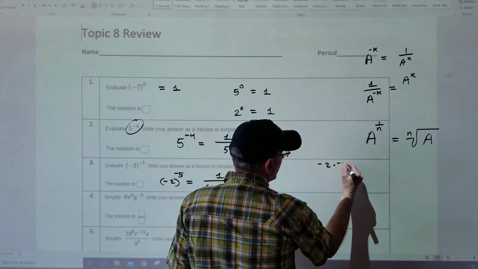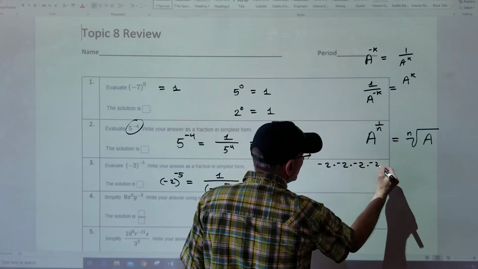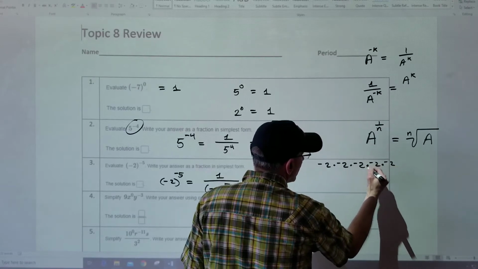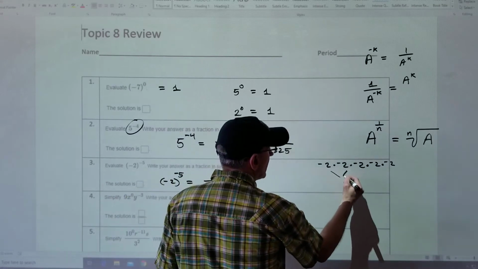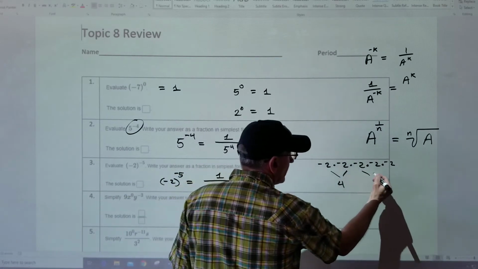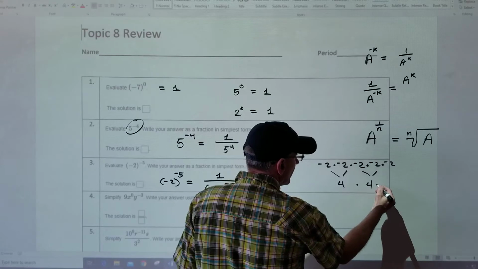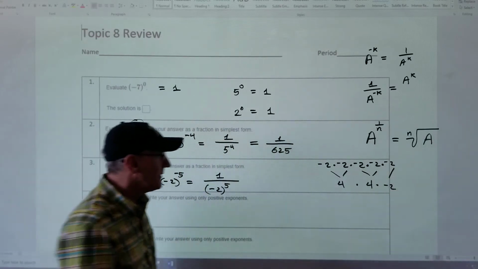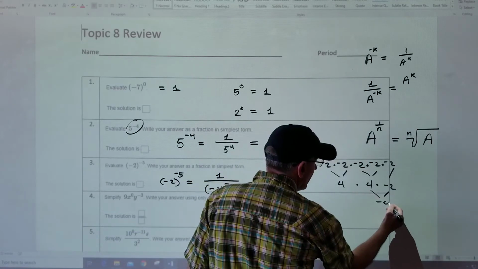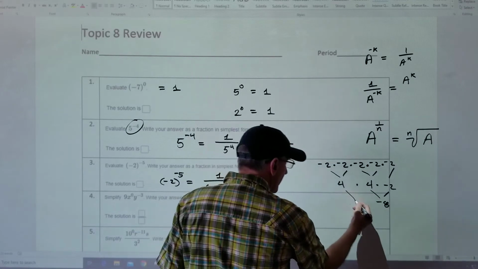You write down 5 factors of -2, and you just start pairing them up, kind of like an upside down factor tree. -2 times -2 is +4. -2 times -2 is +4. Don't forget to bring this one down. Now you might want to start on this end. 4 times -2 is -8. And you still have this 4 that has to come down.